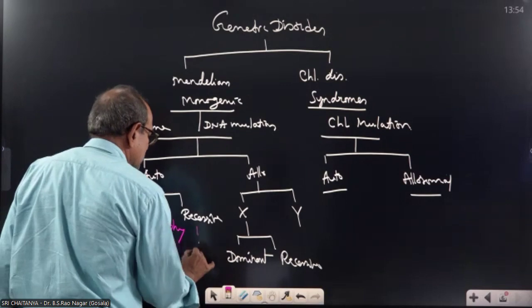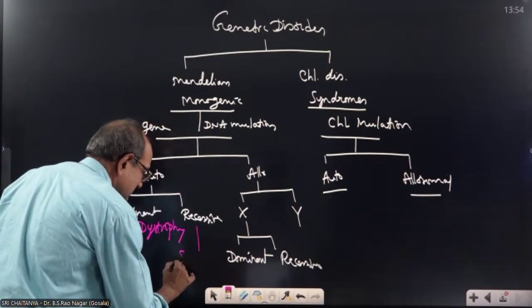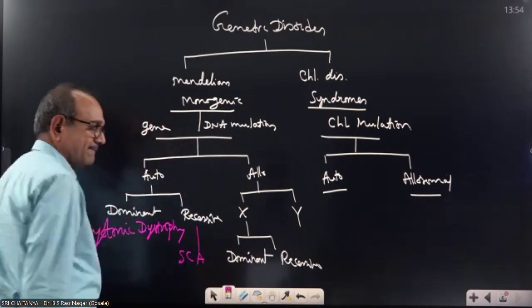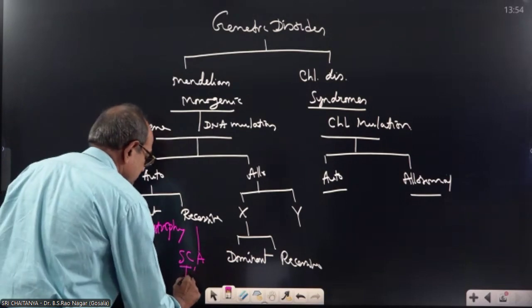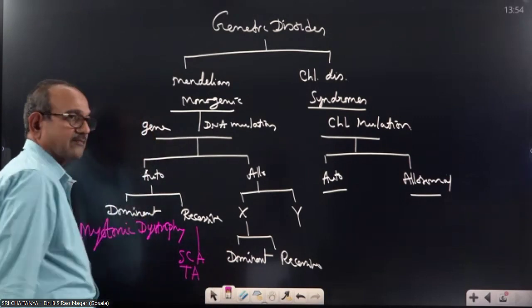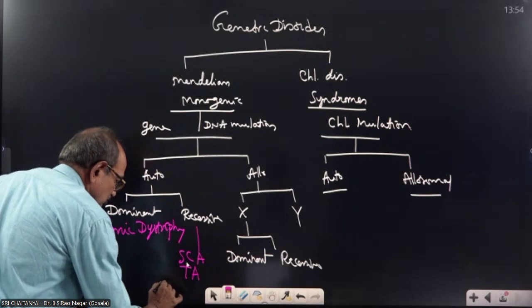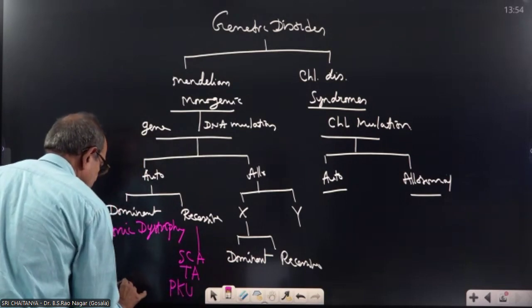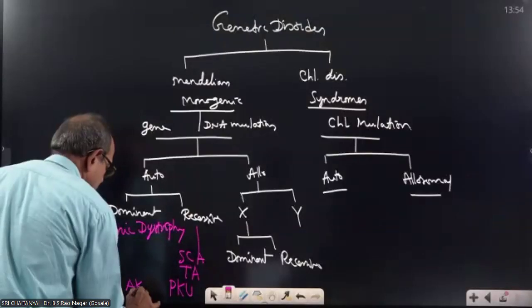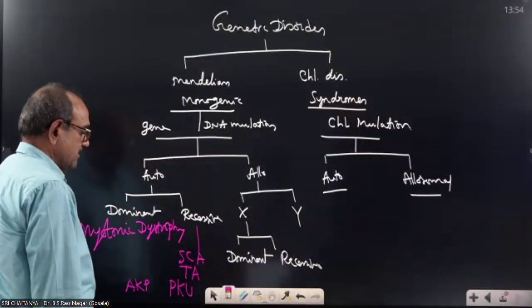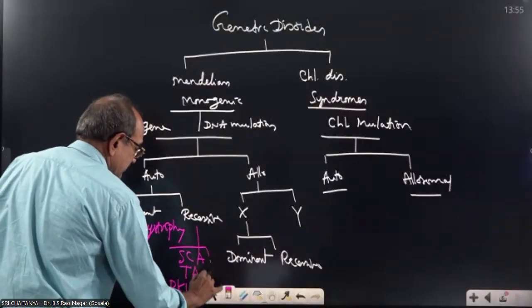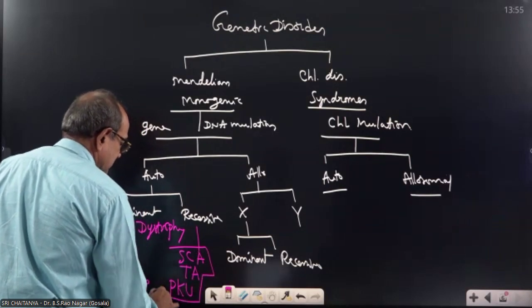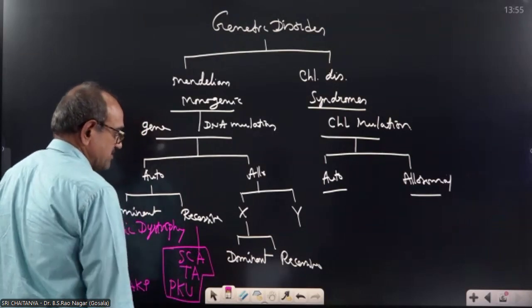Recessive autosomal disorders: sickle cell anemia, thalassemia, phenylketonuria, alkaptonuria, etc. Sickle cell anemia, thalassemia, phenylketonuria are there in our syllabus.